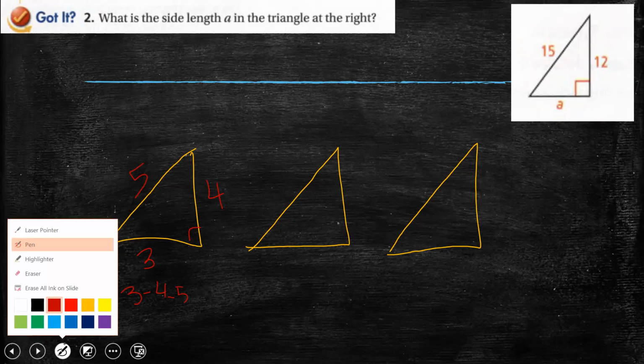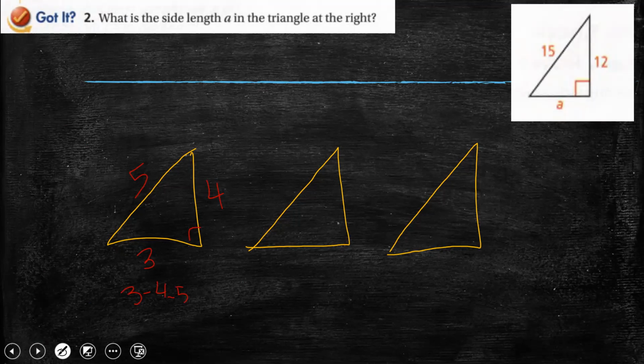And the other one here is 6, 8, and 10. Try it. 6 squared, 36, plus 8 squared. If you try it, you will find that they are 100, and the square root of 100 is 10. And the last one here, if this is 5 and this is 12, the hypotenuse will be 13.